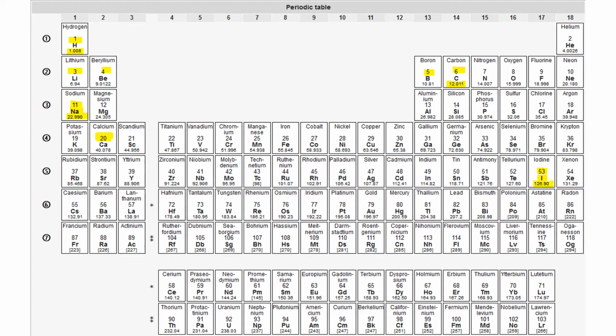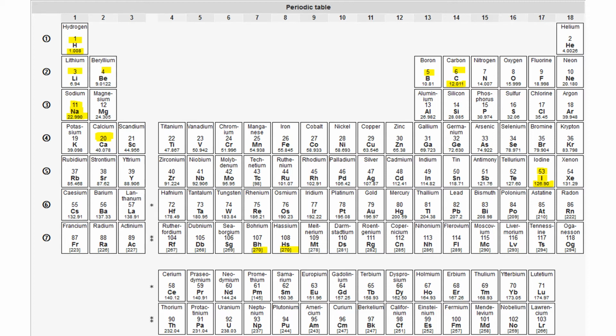So we always say that the atomic number is really what's going to help you figure out right away which element you are talking about. Now, you might say, why can't it be the atomic mass? Because check it out, right here, those two elements have the same atomic mass. Some of the elements on the periodic table could have the same atomic mass, but none of them will have the same atomic number.